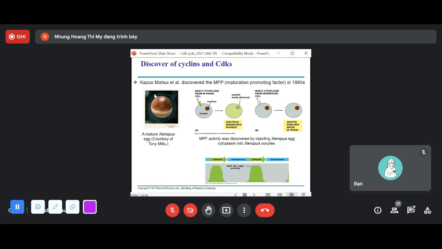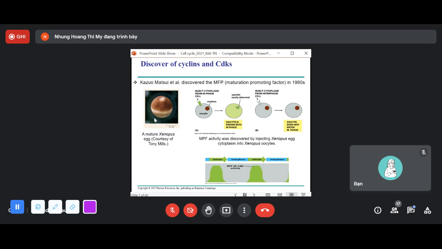Here you see an egg from the frog Xenopus. It is over 1 millimeter in diameter. So it's quite large enough for us to observe with our naked eyes. We don't need the support of a microscope to observe this egg or this cell.